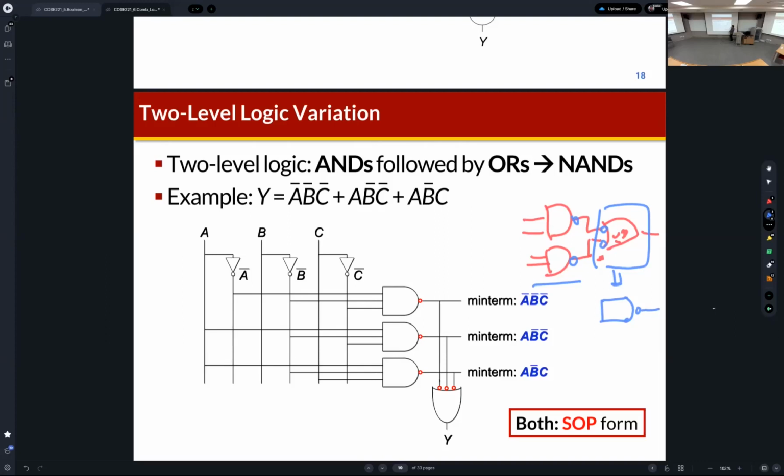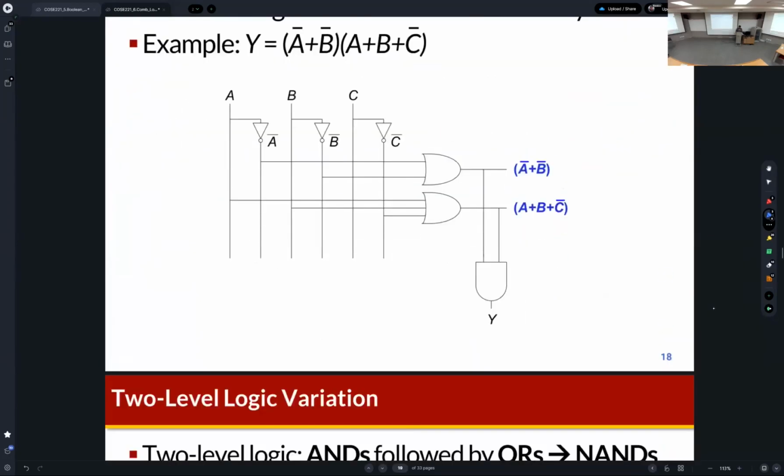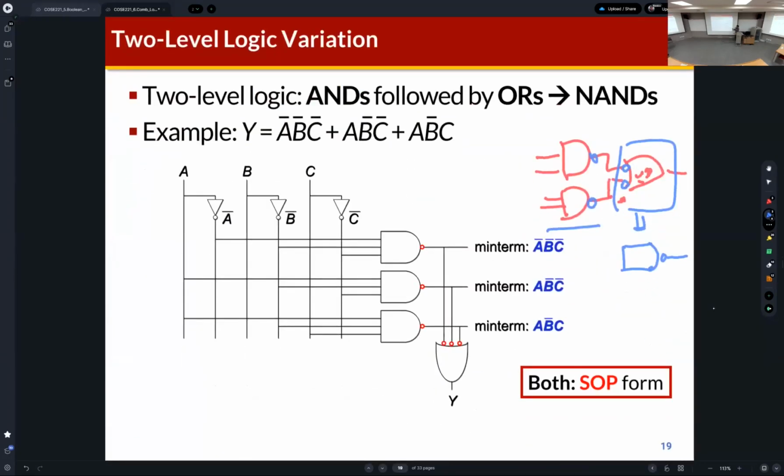So actually, this equation, the SOP form, can be represented using only NAND gates. Okay? So this is the example. It's actually the same example. We can place a bubble here at the output of the AND gate, and also place bubbles at the inputs of this final OR gate. Right? And it's the same. The bubble is here, here, and here.